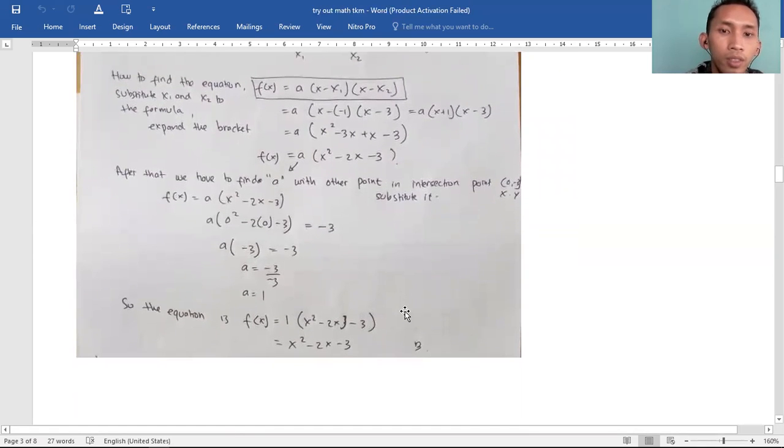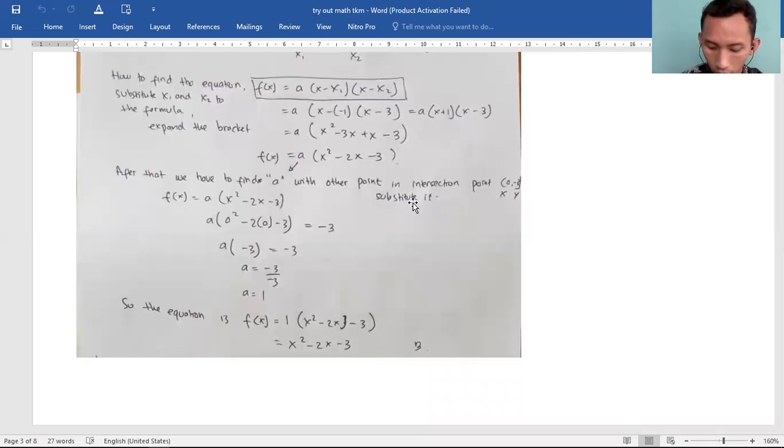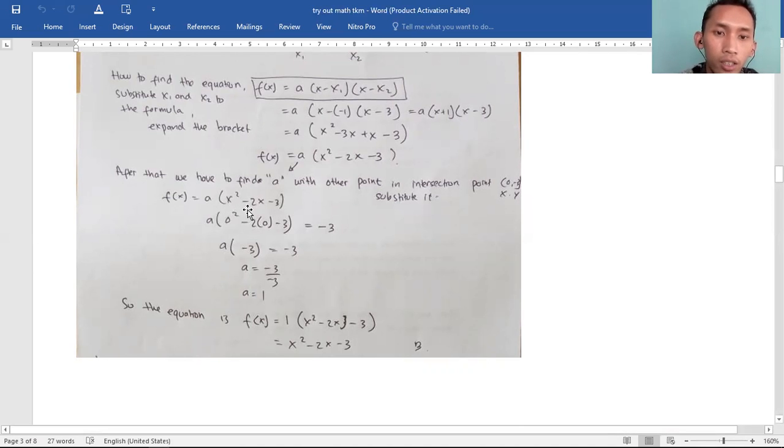And then how to find a? You take a from the intersection. We already have the other point, 0 and negative 3, and we put 0 for x, and that is supposed to be equal to negative 3 because the intersection point is 0, negative 3.